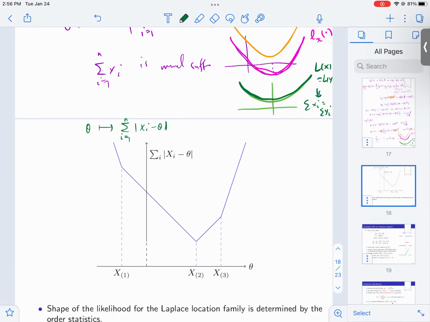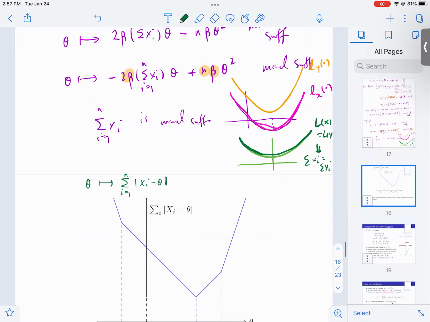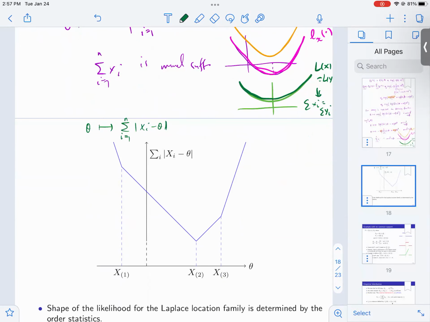You can see also that the non-smoothness sort of causes it. The fact that the density is non-smooth means that you can't compress your data further. The smoothness in the other case sort of washes everything out. So the summation is enough there, but this L1 case sort of has more information.